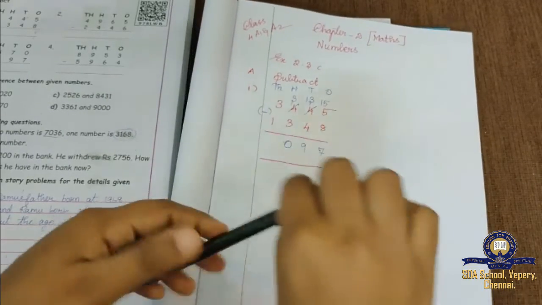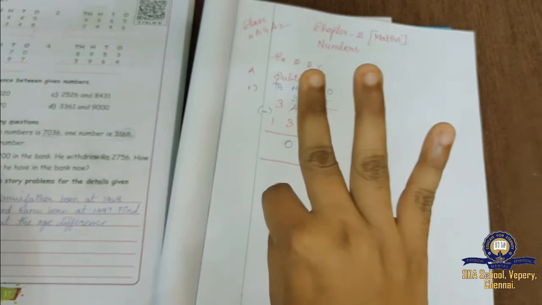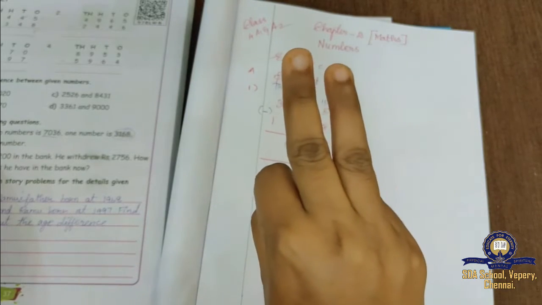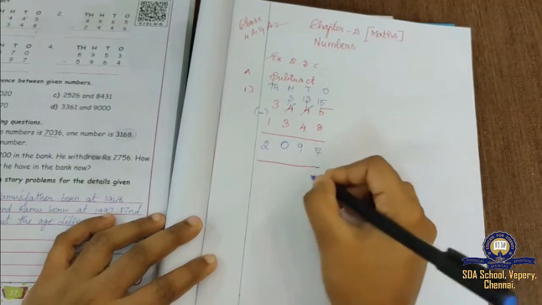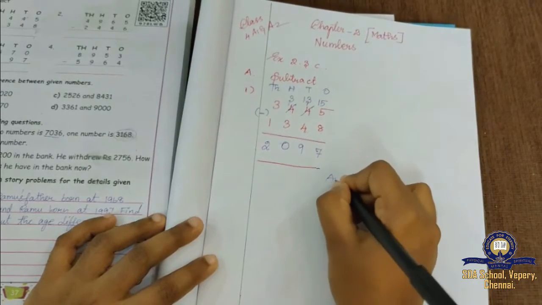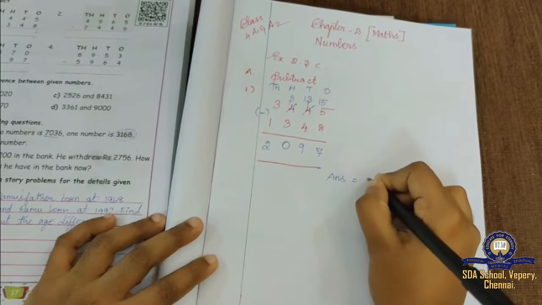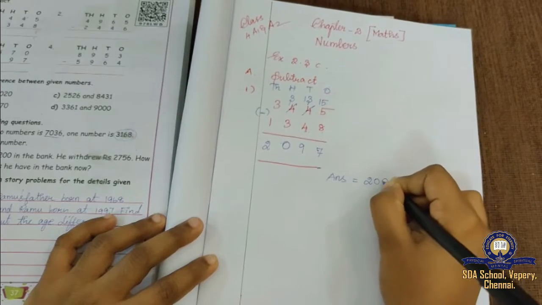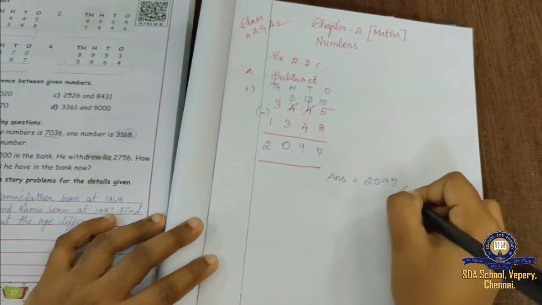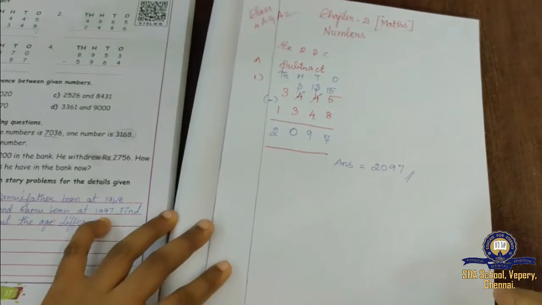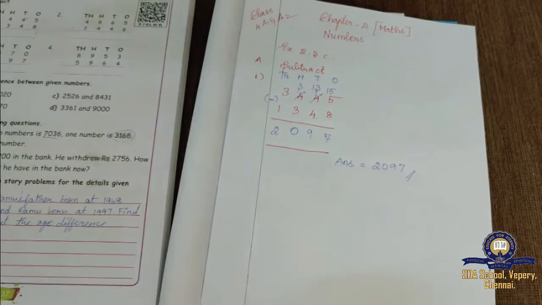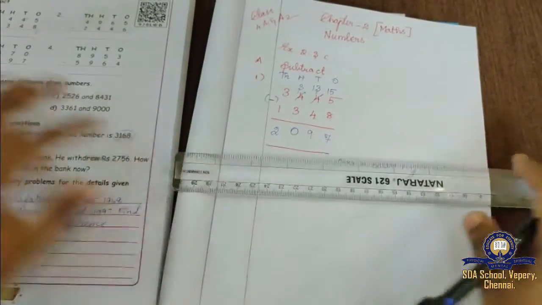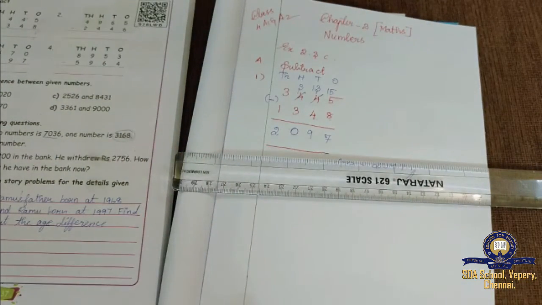Here 3 minus 1 is 2. So you have to write the answer equal to 2097. After completing each sum, you have to draw a line using a pencil.